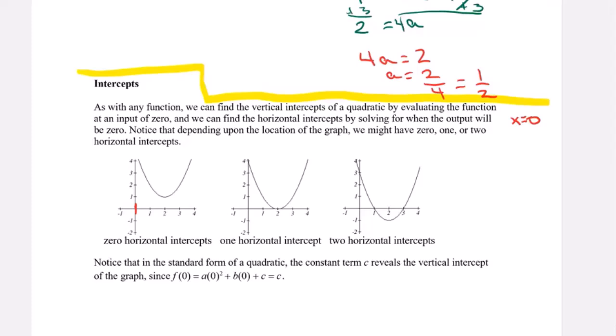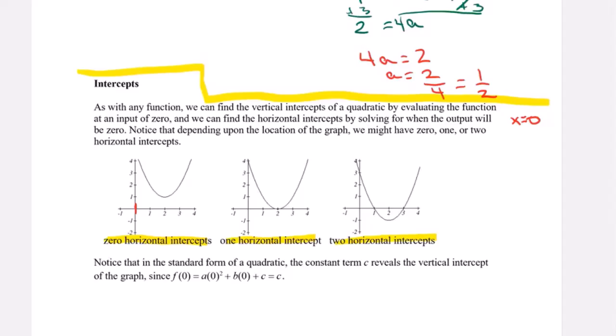Notice that depending upon the location of the graph, we might have 0, 1, or 2 horizontal intercepts. Obviously, this has 0, this has 1, and this has 2. How will you know what you have?